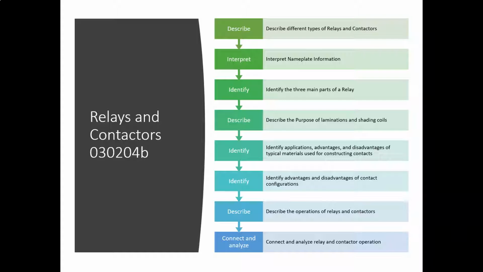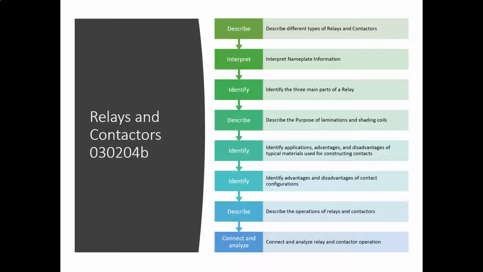Okay, so what we're going to do today is we're going to describe the different types of relays and contactors. We're going to interpret the nameplate information on them, which you kind of did in first year. Identify the main three parts of the relay, which again will just be a recap from first year. Describe the purpose of laminations and shading coils.